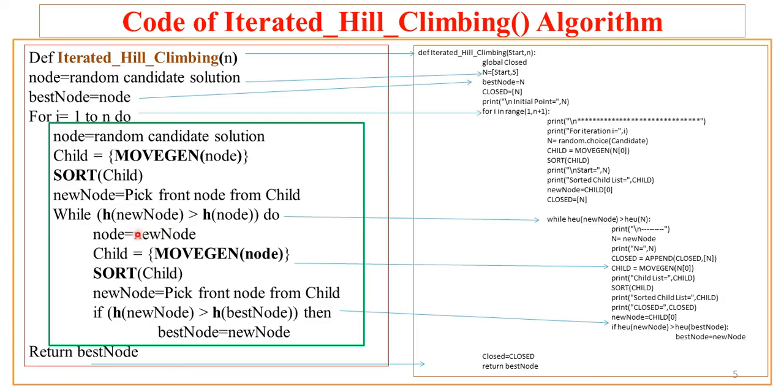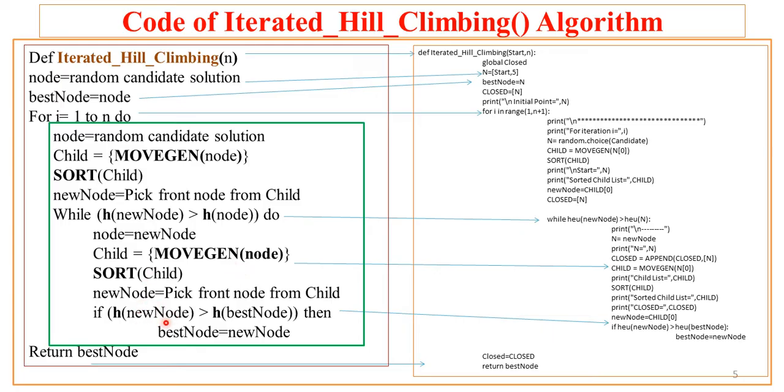If this is the case, then our current node will be the new node, and we'll find the child of this new node using the moveGen function, and that child is sorted, and the front element is picked and treated as the new node. So repeatedly we are getting the set of current node and new node, and this way we are finding the path across that particular hill or terrain.